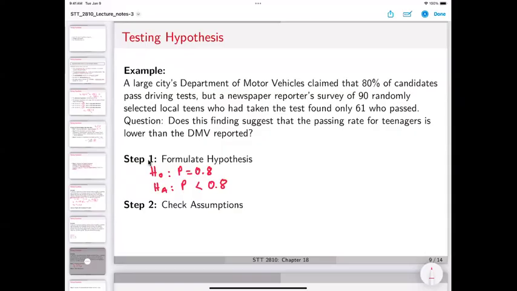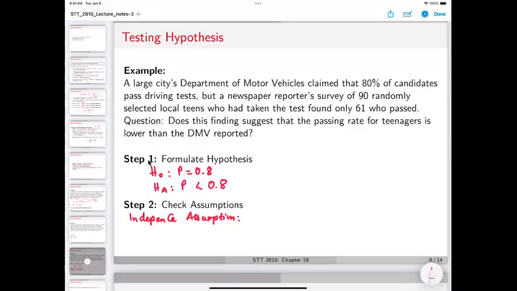So we want to check the independence assumption. When you read the problem, the probability of you passing a DMV test is independent of somebody else taking and passing.